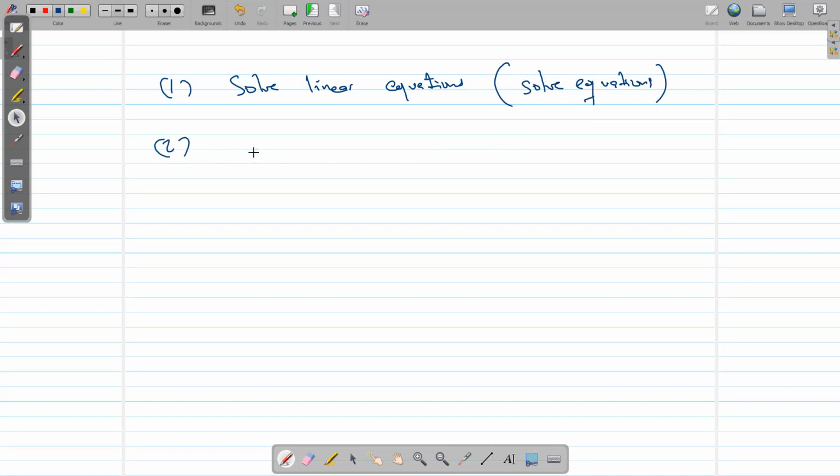Two, you need to be able to work with algebraic fractions. Anywhere in this situation you have a weakness with any one of these, you're going to have a problem enjoying or mastering the topic of inverse functions.